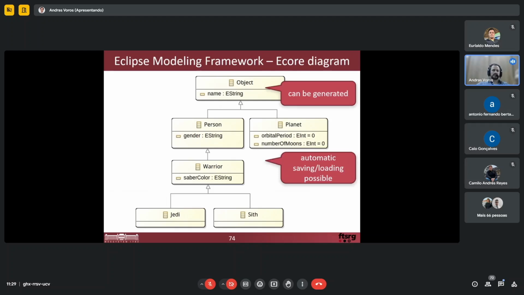It's very good because it has many advanced features such as automatic saving, loading, and you can check the instance models. It's a very powerful tool. It's not so easy to use, but it is widely used.